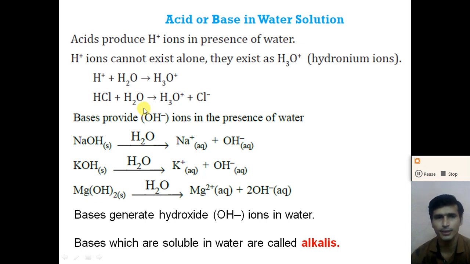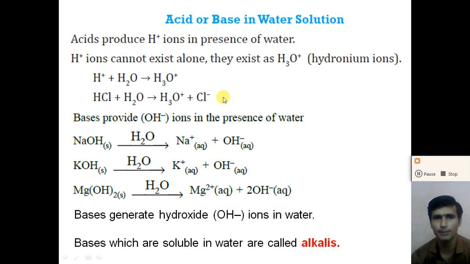For example, if you take sulfuric acid instead of HCl, H2SO4 plus H2O produces H3O plus and the SO4 minus 2 ion. So similarly, acid contains the H plus ion, and this H plus ion reacts with water, and we get H3O plus.